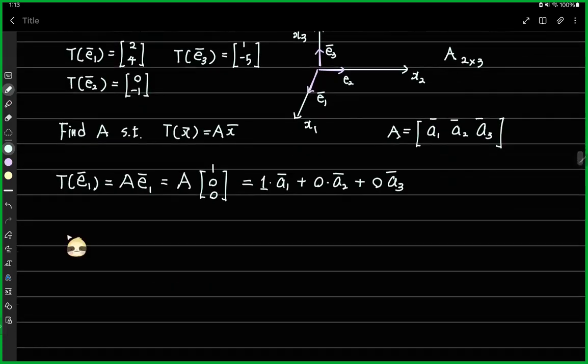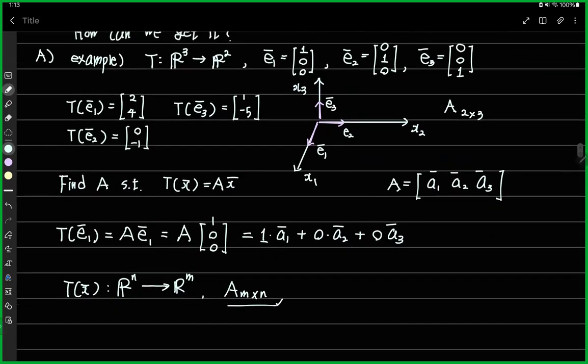Keep in mind that if T is mapping from Rn to Rm, the matrix A is of size m by n. Since T is R3 to R2, A has 3 columns.